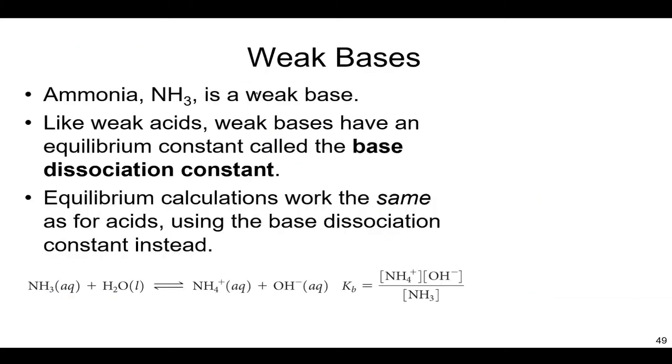Let's look at a prototypical weak base, NH3. This NH3, if that's our base, when it's in water, there's going to be an equilibrium where the NH3 accepts an H+, so we make NH4+, ammonium ion, plus OH minus.